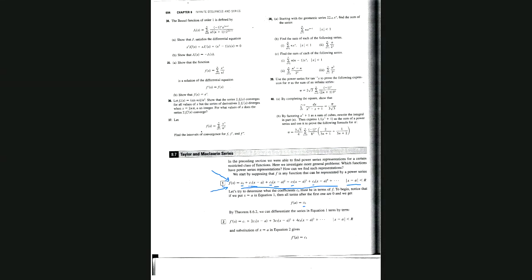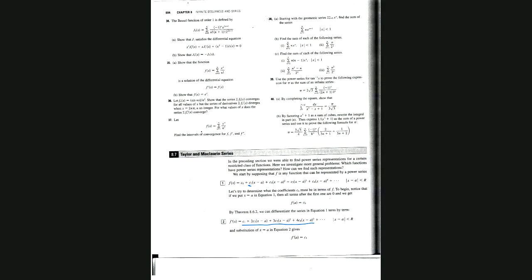The next question is, can we figure out what the next coefficient, c1, is? Let's take the derivative of our function f. That gives us this expression. The derivative of c1 times x minus a is c1.